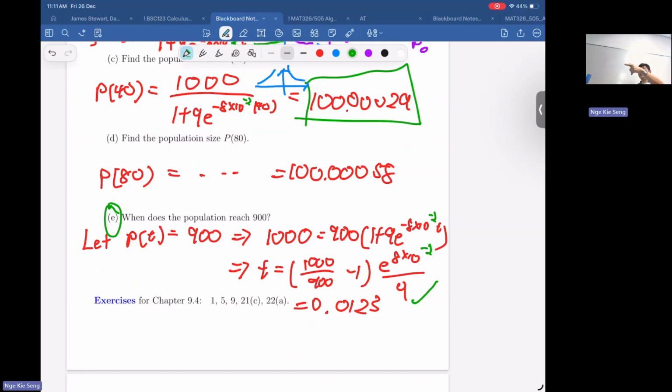Please take a photo of your test paper, because I'm going to collect it right after the discussion. I thought there's a total marks inside there. There's a total mark in each section.